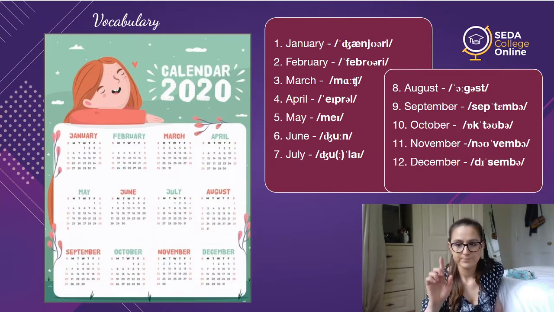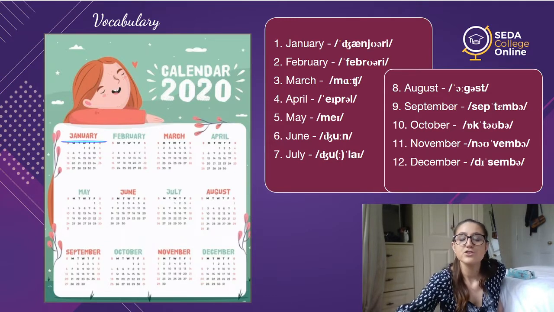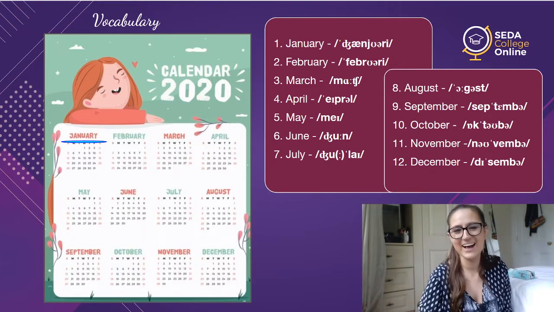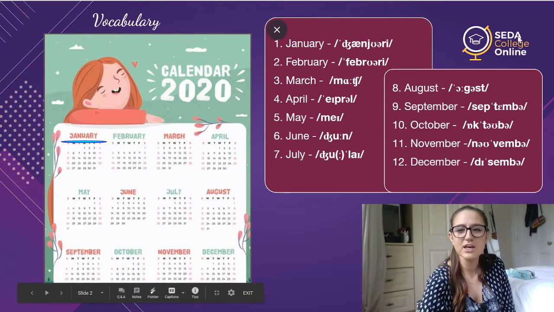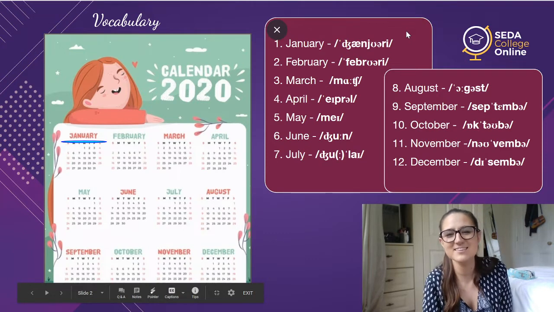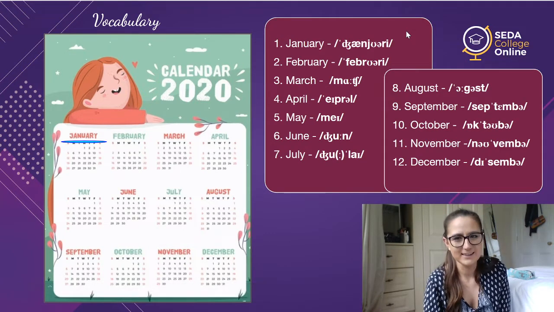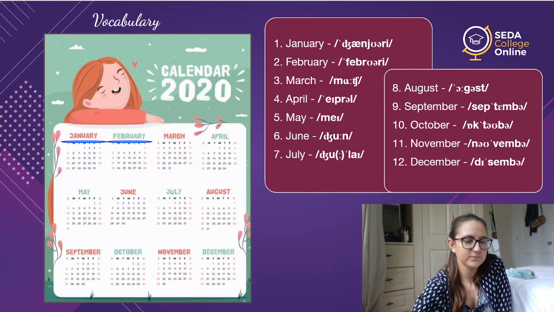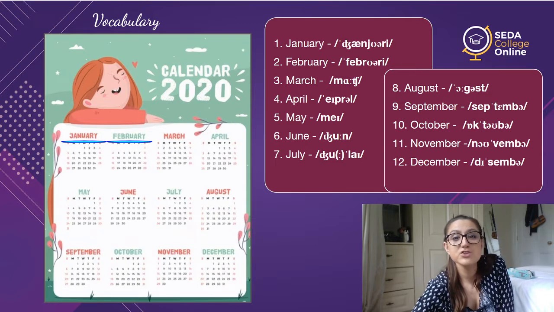So we have first month, January, January. How is it written here? January. Quite fast. 2, February. 3, March.